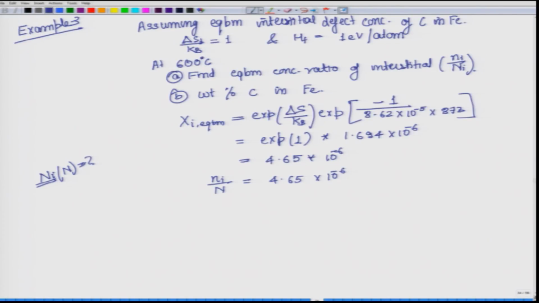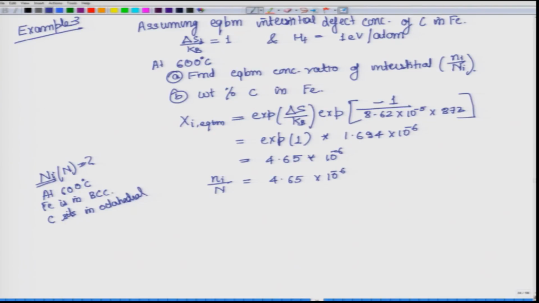So, let us see what information we have. It is iron, it is at 600 degrees Celsius, and we are talking about carbon. So, at 600 degrees Celsius, Fe is in BCC form, and carbon in this sits in octahedral sites. That is something that we showed you in the earlier lecture.